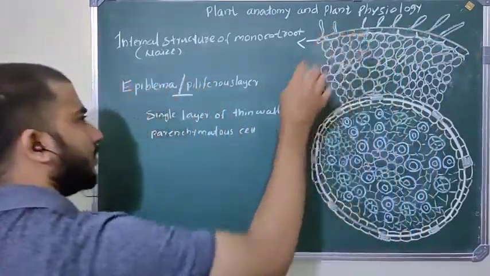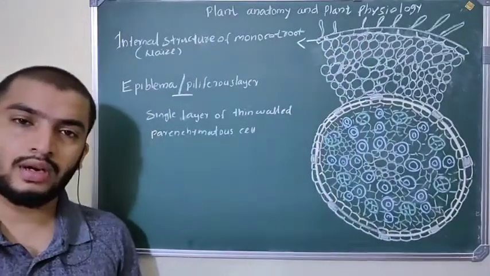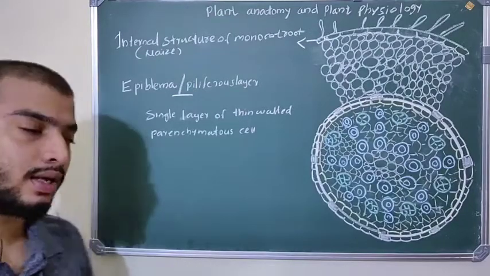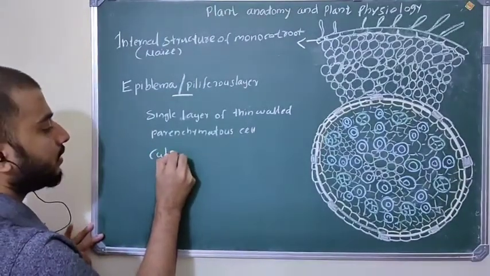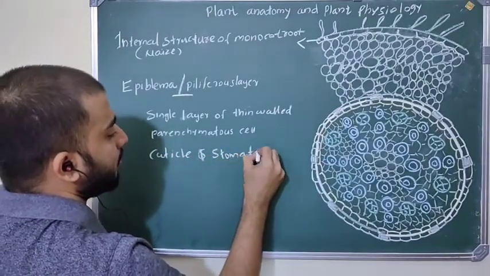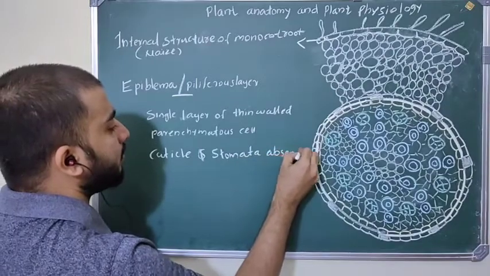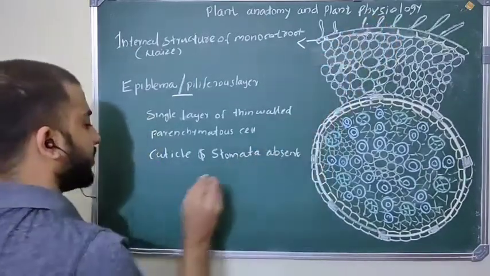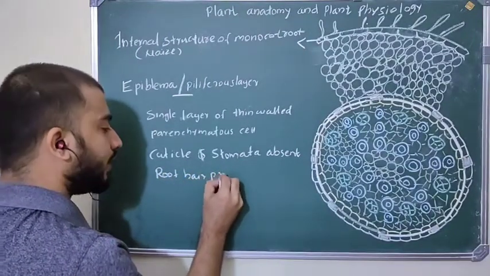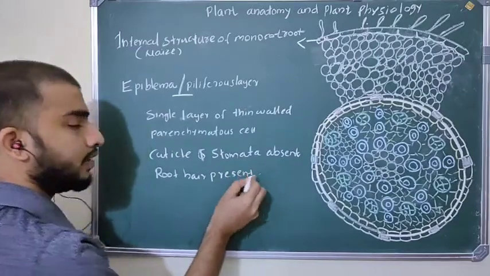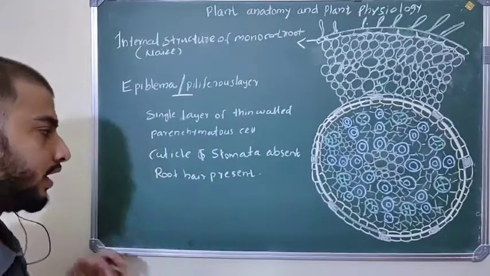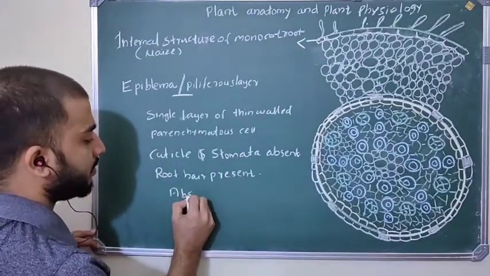On this epiblema, the cuticle and stomata are absent. Root hairs are present here. What is the function of root hair? Root hairs absorb water and minerals from the soil.